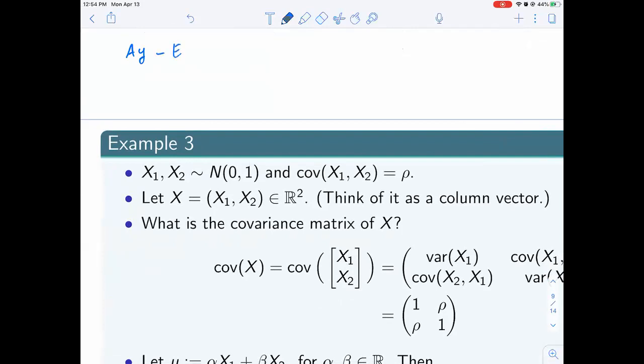So if I call this vector, let's say X, then X tilde, I'll define as X minus the expectation of X. So then what do we know about this vector? This would be AY minus the expectation of AY.